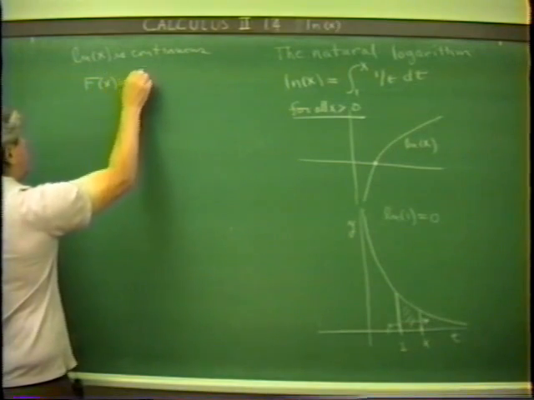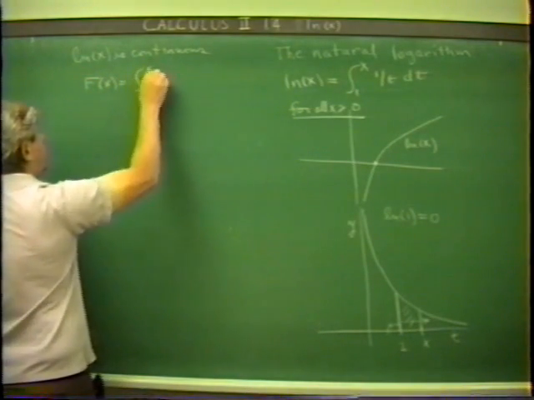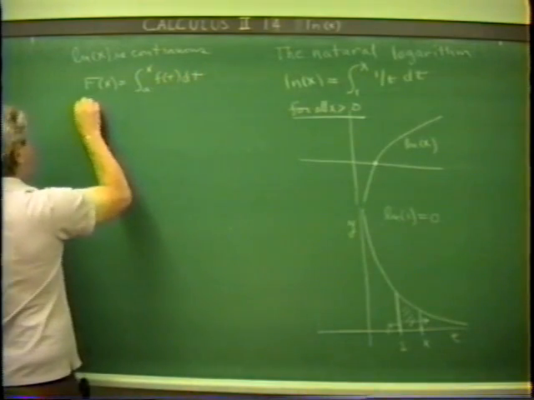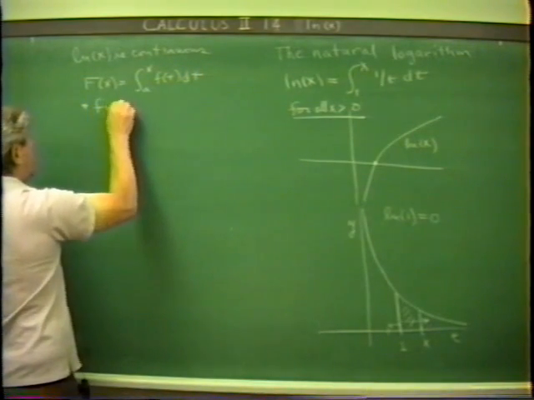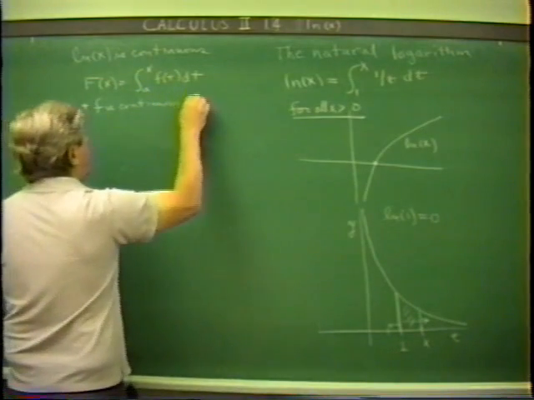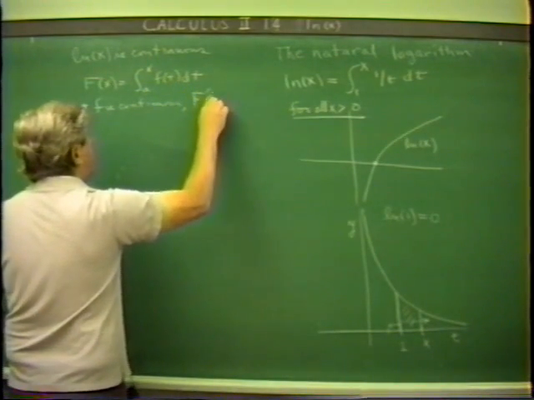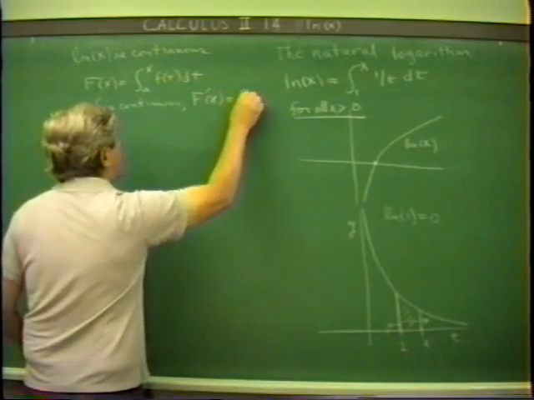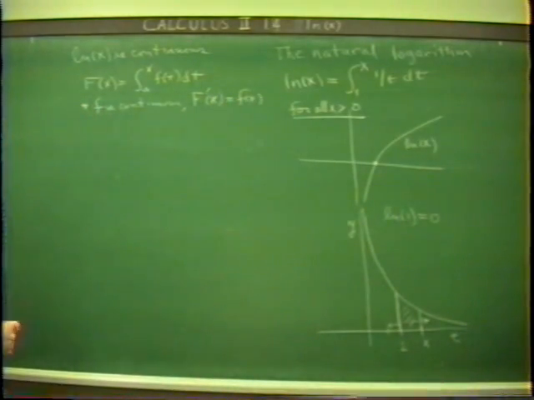And the fundamental theorem of calculus says this, right? That if capital F of x is equal to the integral from a to x of little f of t dt, and little f is continuous, then the derivative of capital F at each point x in the domain is little f of x.